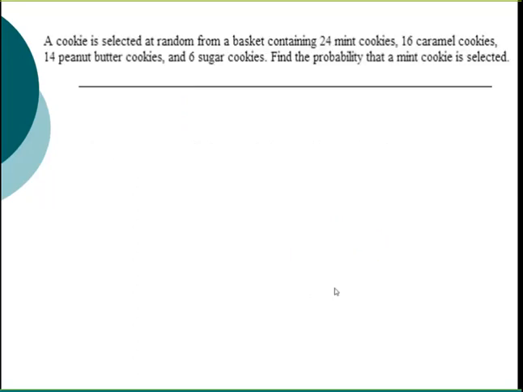Very small. So a cookie is selected at random from a basket containing 24 mint cookies, 16 caramel, 14 peanut butter, and 6 sugar. What's the probability that a mint cookie is selected? So to do this, you take your desired number, the formula, over the total in the sample space.